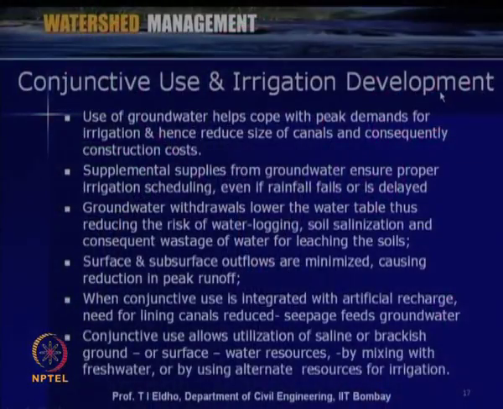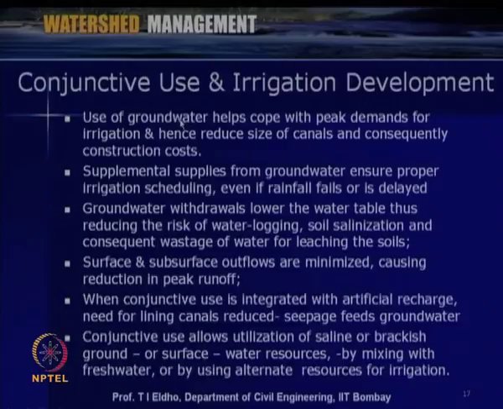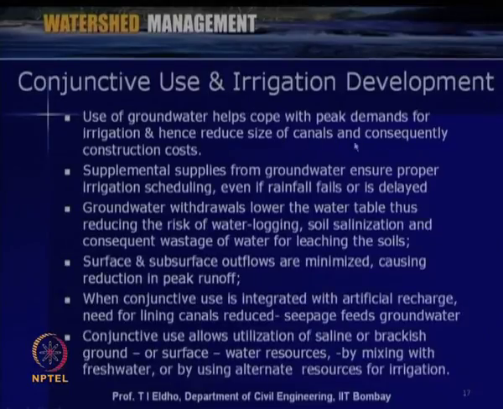With conjunctive use of surface water and groundwater in irrigation development, the use of groundwater helps cope with the peak demands for irrigation and hence reduces the size of canals and consequently construction costs as far as surface water utilization is concerned.